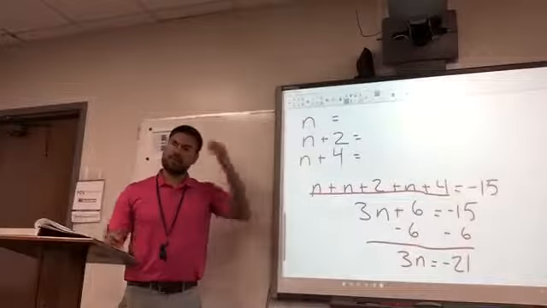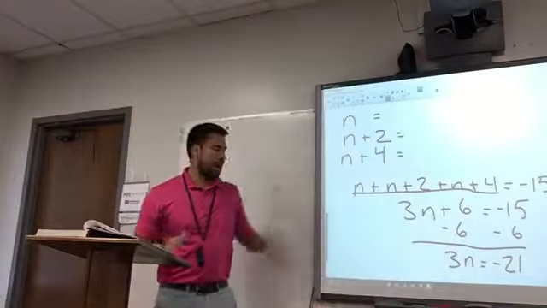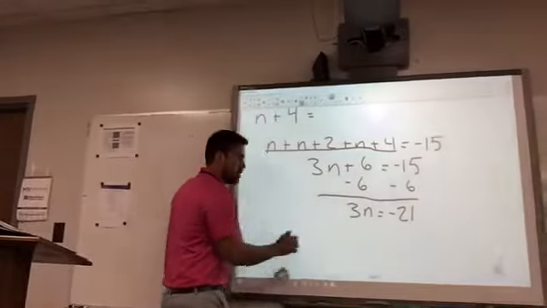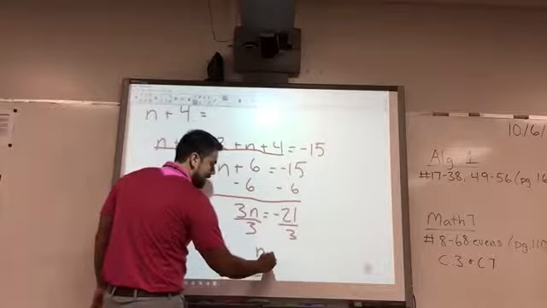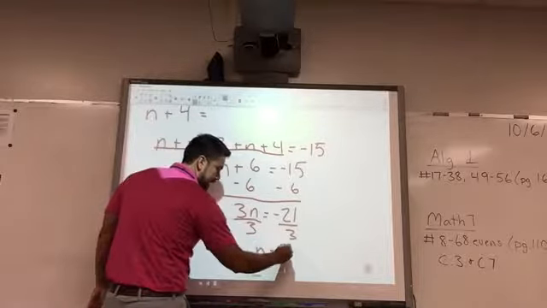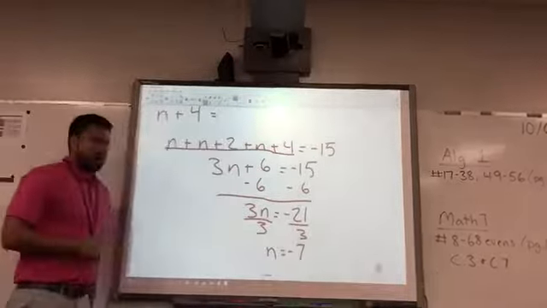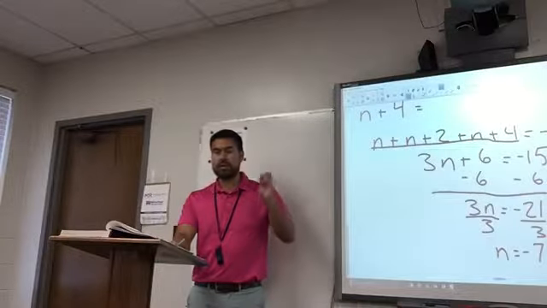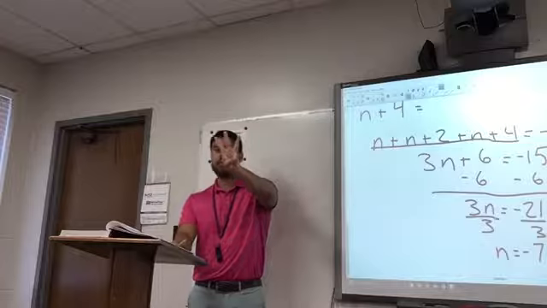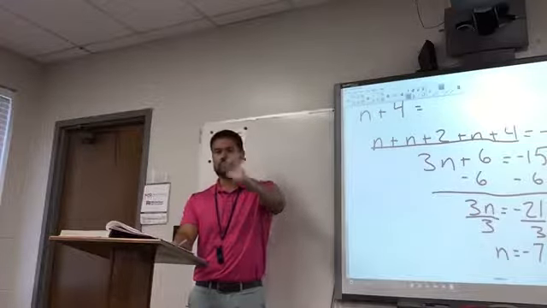What's my last step here on this problem? Divide by 3. So I'm going to divide both sides by 3, and I'm left with n equals what? Negative 7. Okay, what did the problem want me to give them for a solution? It wanted me to give them 3 numbers. Do I know one of them? Yes.